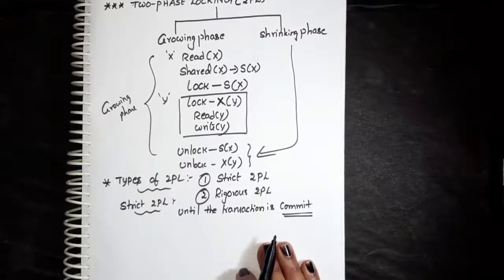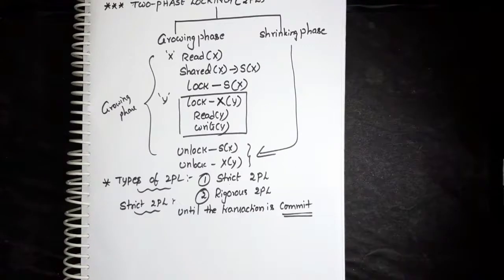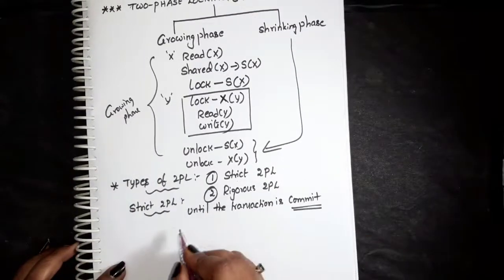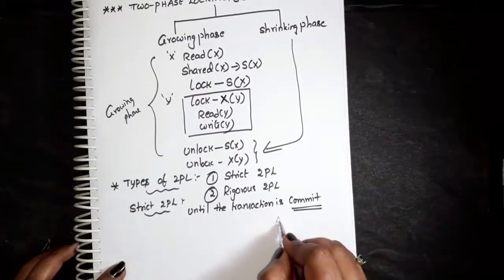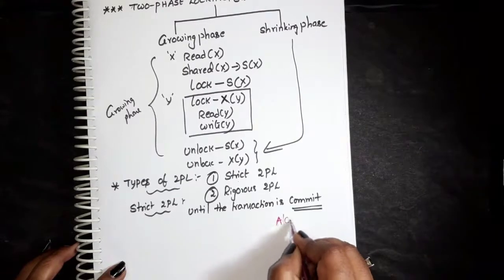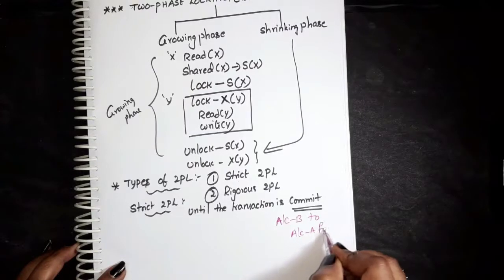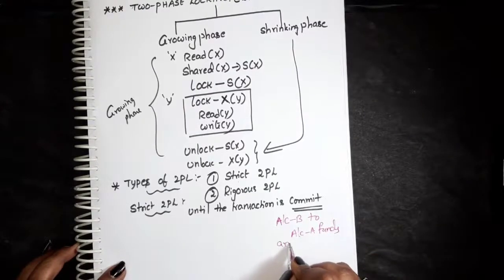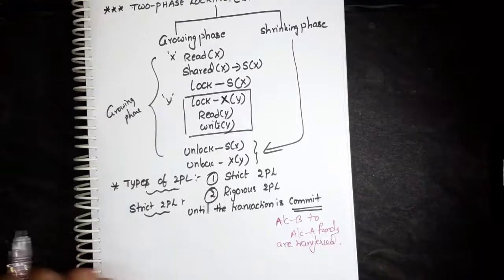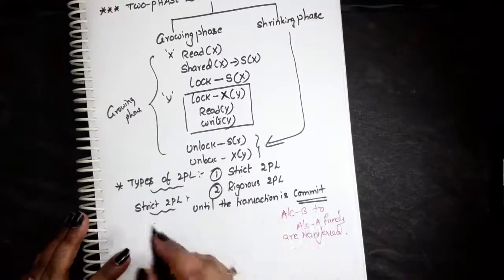Already we saw, in the last video, the example of the concurrency control mechanism, where funds are transferred from account B to account A. Let's see how you can place the different types of locks.